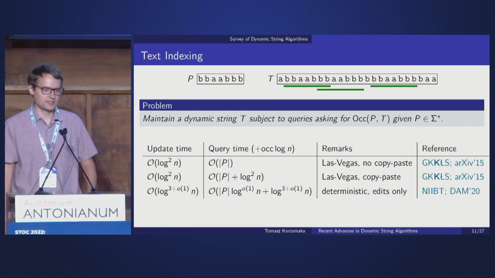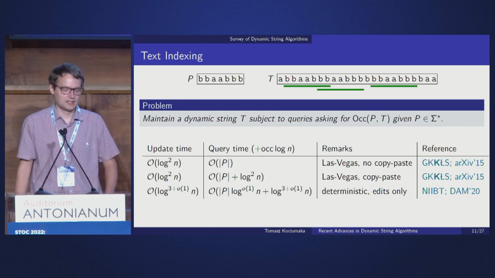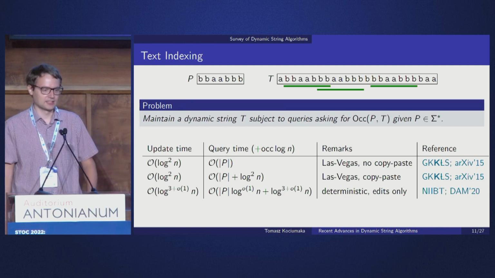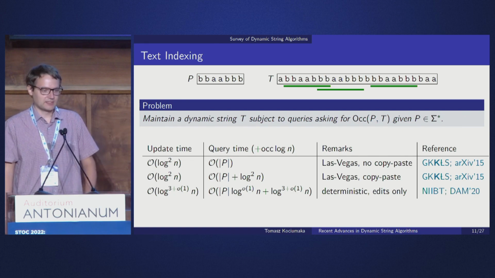For the decision version, this plus occ log n term vanishes, and then there is some extra additive term, which, for example, can be removed if you do not want to support the copy-paste operation, just character edits and cut-pastes. So this is, as far as the Las Vegas algorithm is concerned, a deterministic version in the most recent implementations has some extra overheads of log to the 1 plus little o of 1.